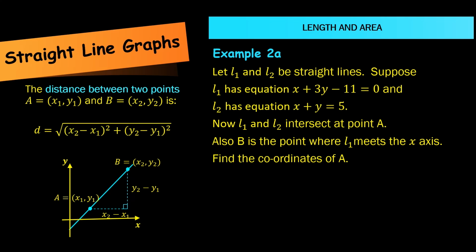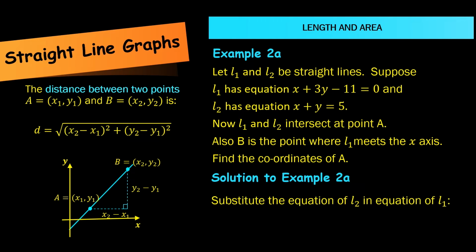So let's solve example 2a first, where we are required to find the coordinates of A. We substitute the equation L2 in equation L1 in order to find the point of intersection. So the equation L1 is of course x plus 3y minus 11 equals 0.